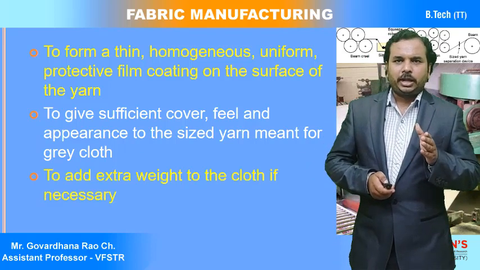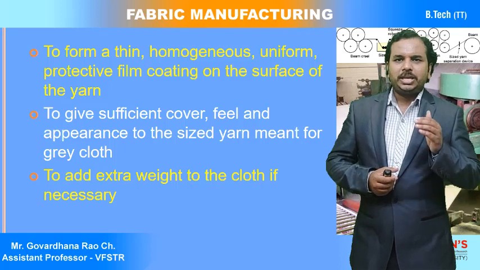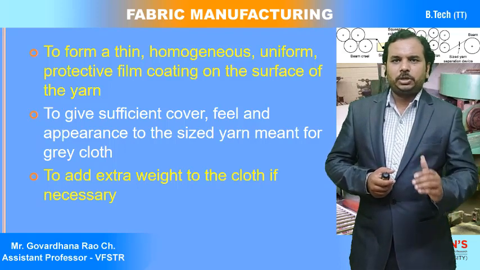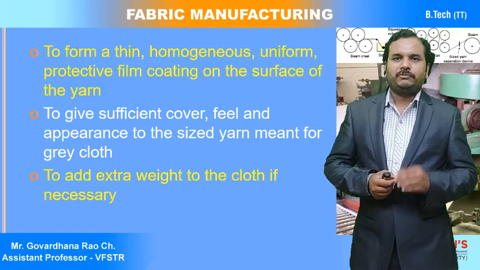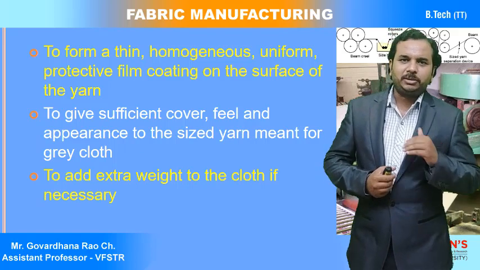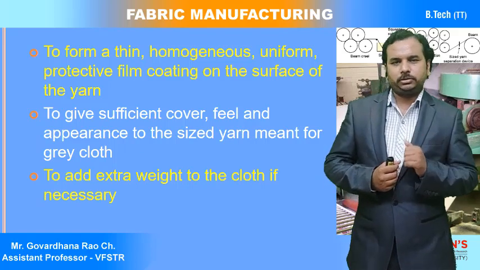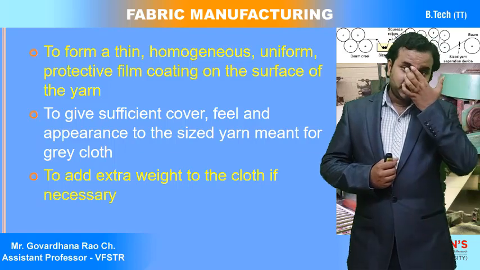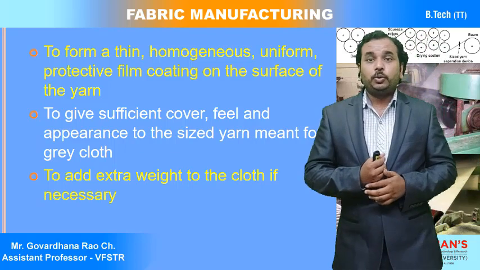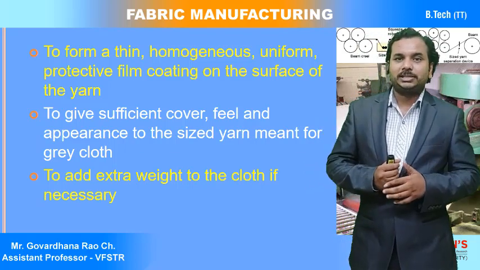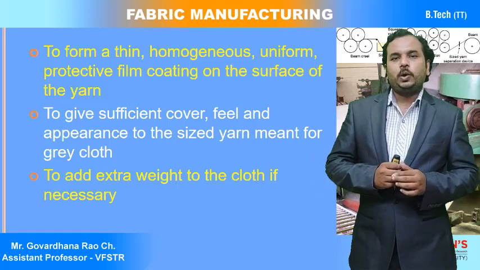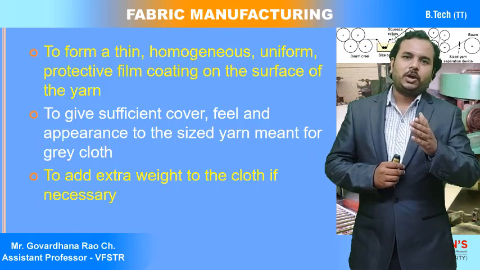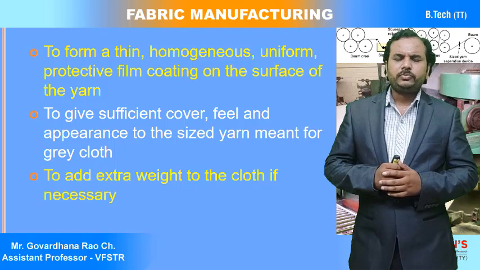And the next objective is to add extra weight to the cloth if necessary. For example, some of the customers ask for grey cloth. Now how is the grey cloth going to be counted?